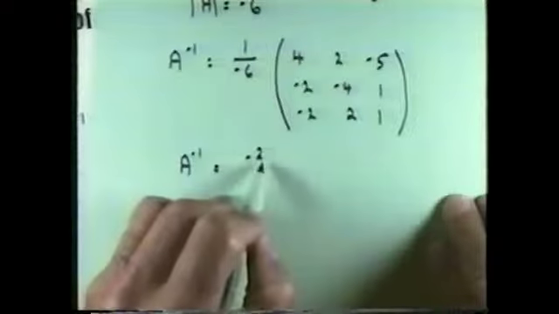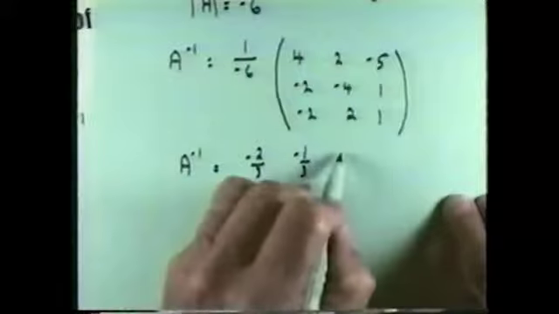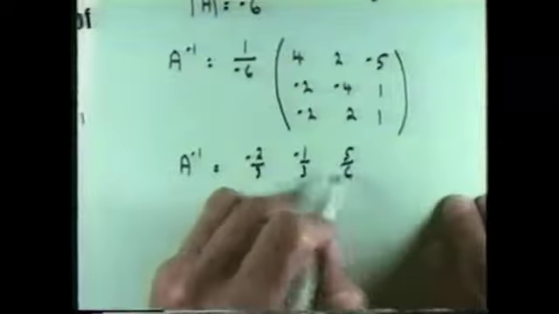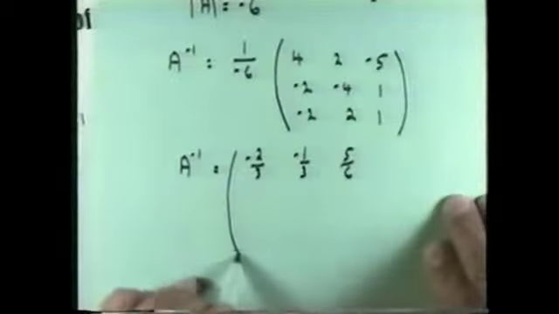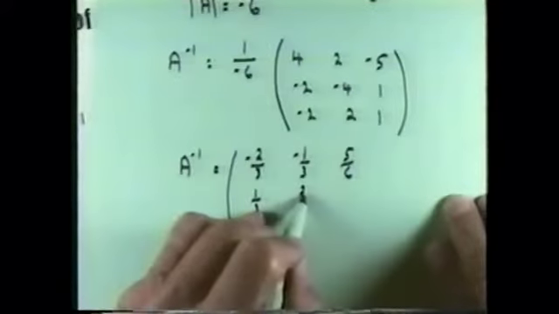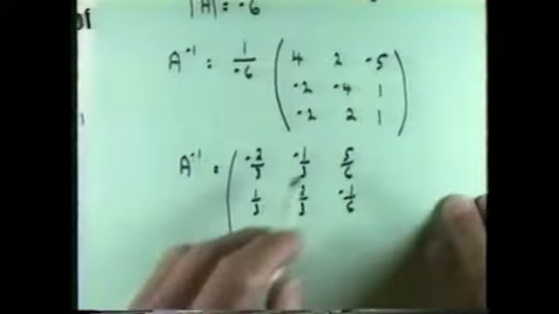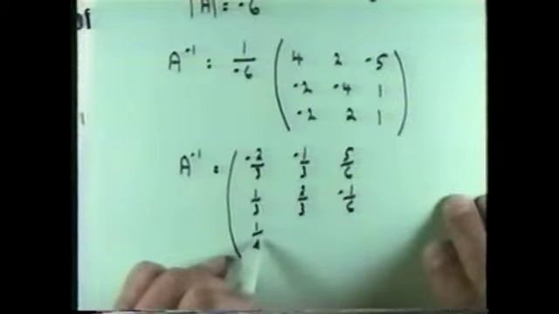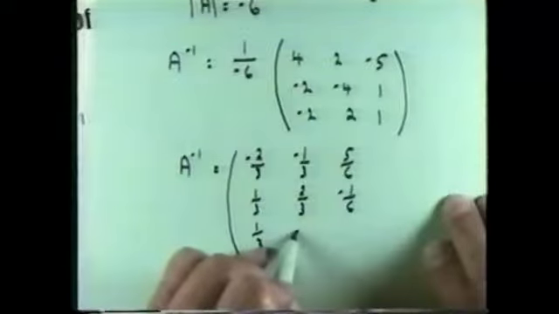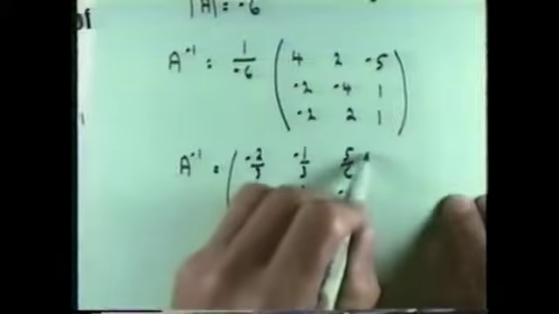So A inverse is going to be a negative 2/3, a negative 1/3, a positive 5/6, a positive 1/3, a positive 2/3, a negative 1/6, a positive 1/3, a negative 1/3, a negative 1/6.